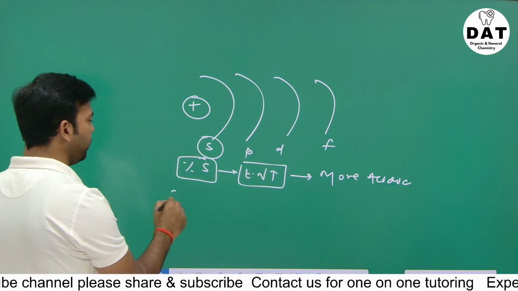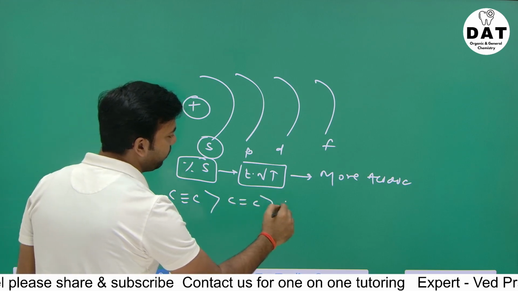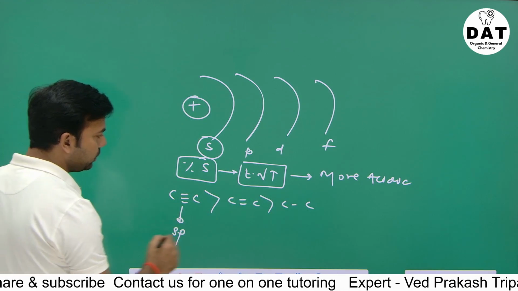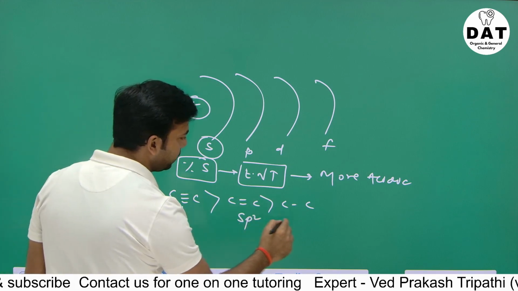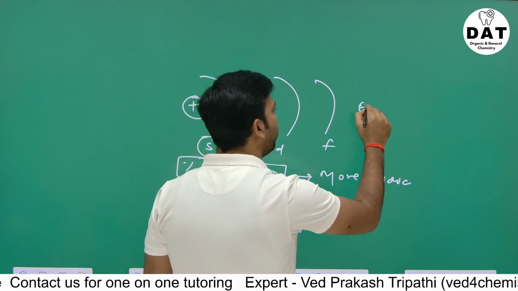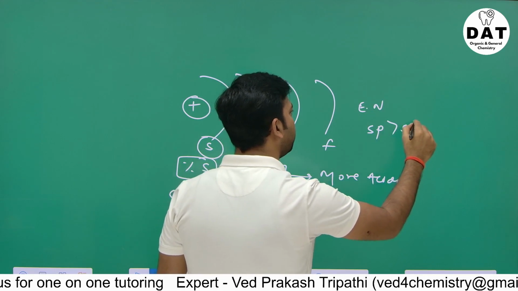That's why carbon triple bond carbon is more acidic than double bond, than single bond. Why? Because triple bond is sp hybridized, this is sp2 and this is sp3. And the electronegativity of sp is more than sp2, then sp3.